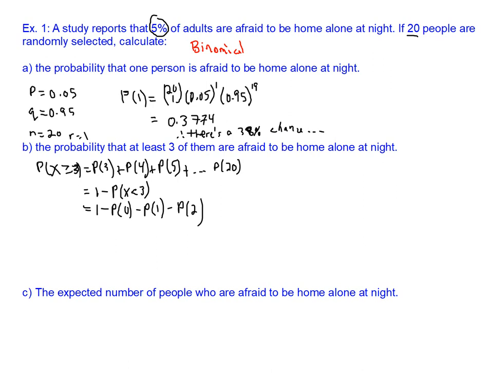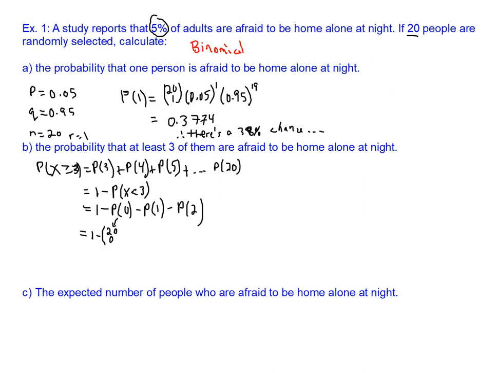And again, in order to calculate each of these probabilities, we just use the binomial distribution. We'll set it up here. So we'll have 1 minus, we still have 20 people, we want 0 of them, so this is for this part here.